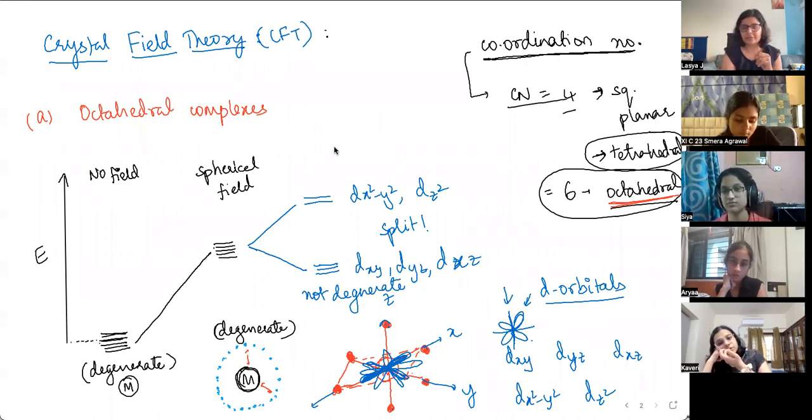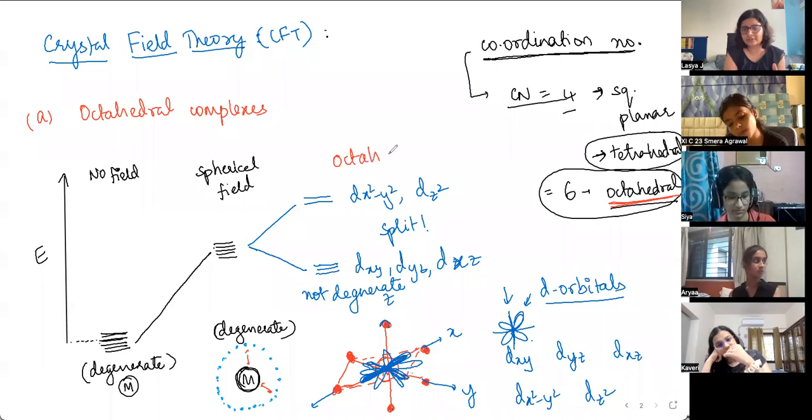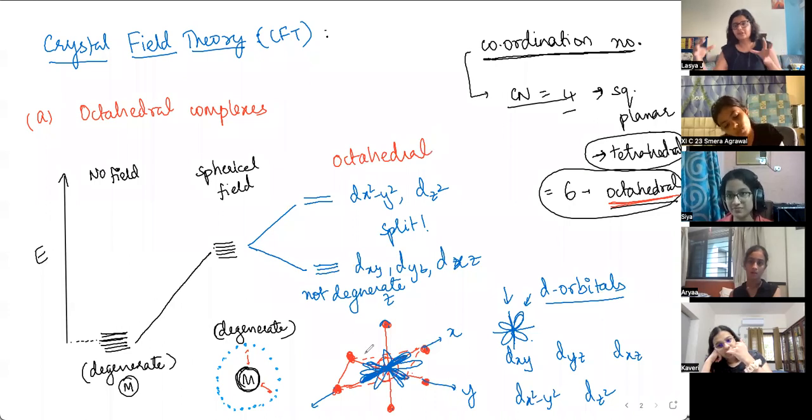In reality, what happens is you have coordination number 6. If you have only 6 ligands bonded to the metal atom, they will approach the metal atom in octahedral directions, which means all the orbitals are not equally affected. It's not spherical in nature.